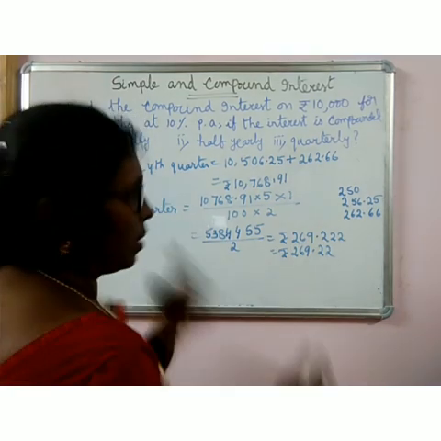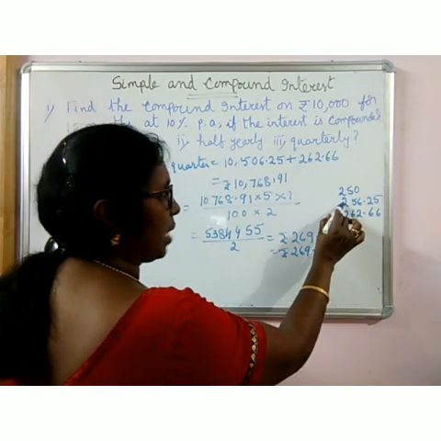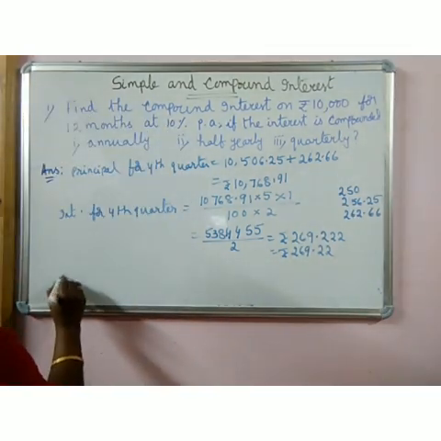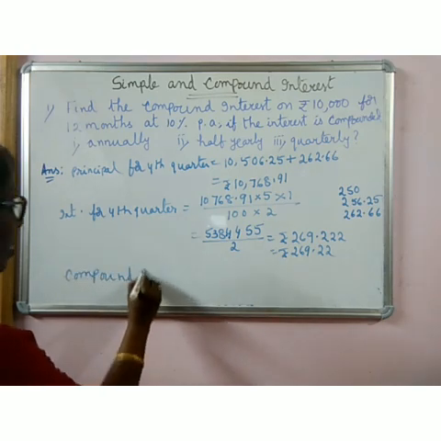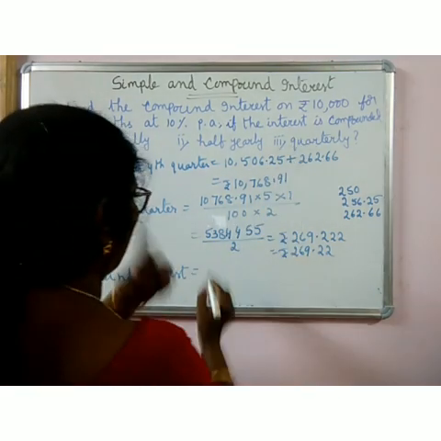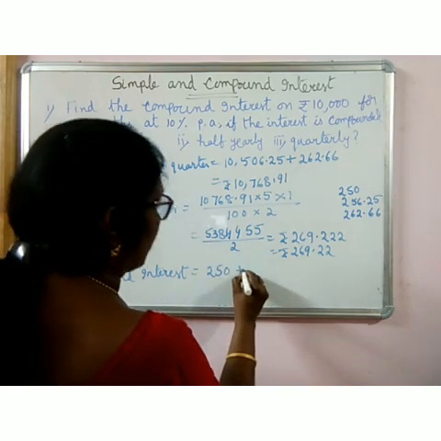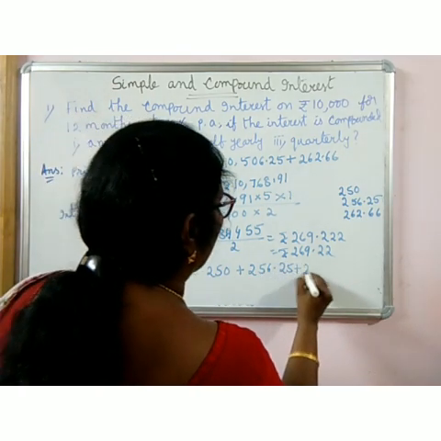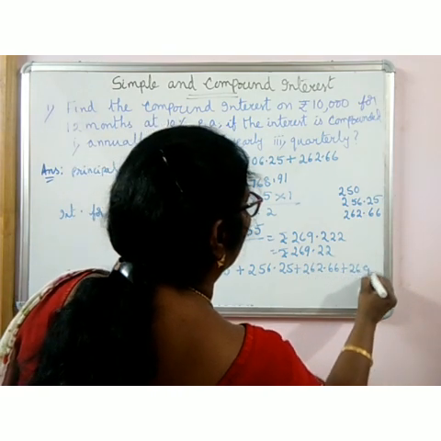269.22 rupees. So for the first quarter this is the interest, for the second quarter this much, for the third quarter this much. Therefore compound interest is the sum of all these: for the first quarter, the second quarter, the third quarter and the fourth quarter.